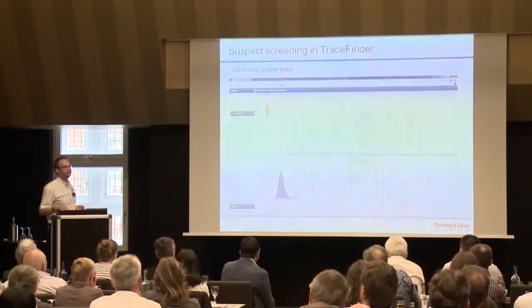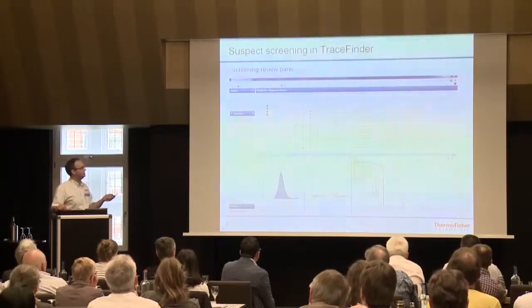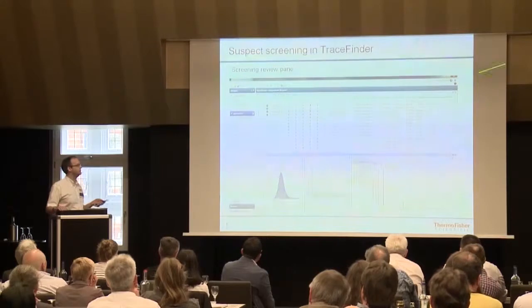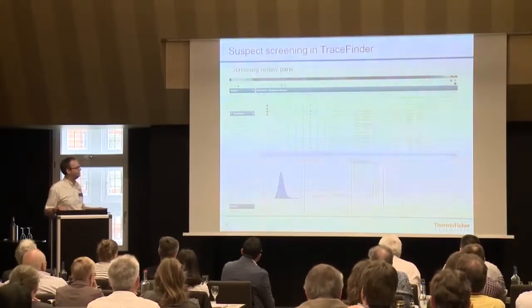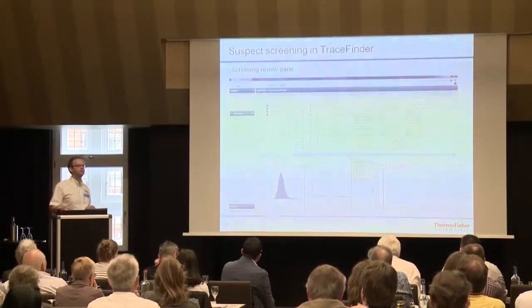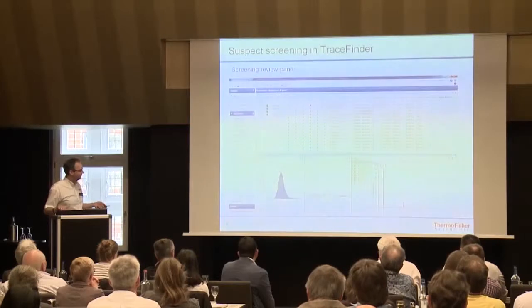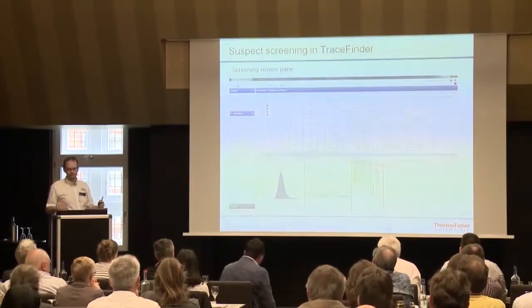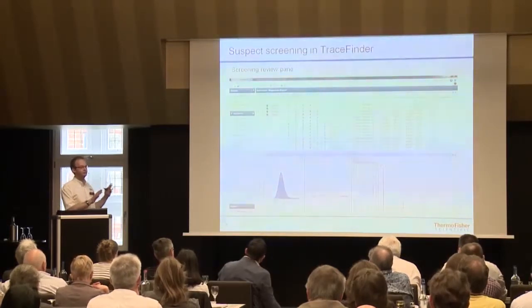So how can you review this data here? This is just an example. In TraceFinder software, the windows are highly flexible. You can move them around as you like, and here, especially this pane down here, contains lots of options, and I just took 3. Of course, you have a main quant ion. What we are running here in the latest version, we're running all on one surface, so this is the window we use for quantification as well.